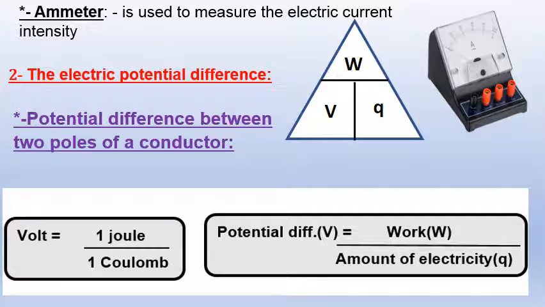Again, what's meant by volt? It is a potential difference between the two terminals of a conductor when the work done is 1 joule to transfer an amount of electricity equal to 1 coulomb. This is the definition of volt.